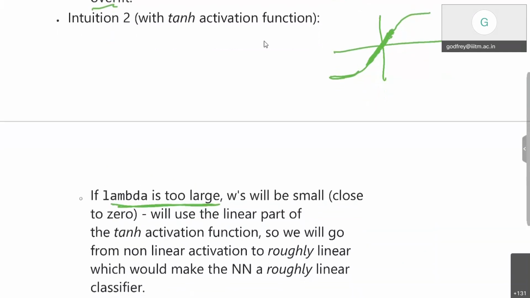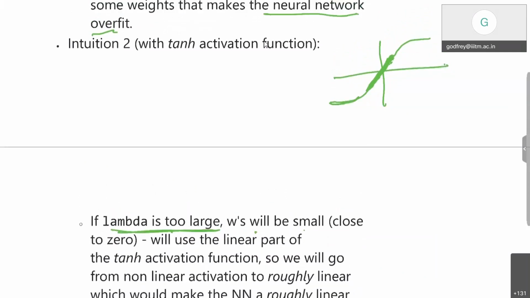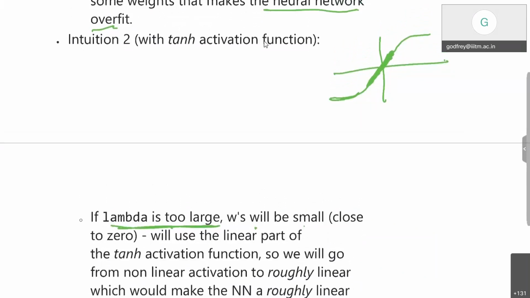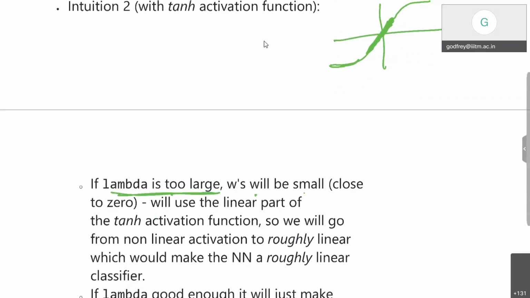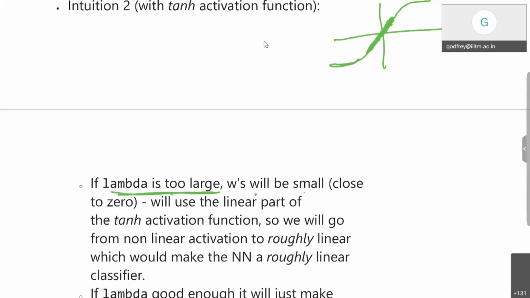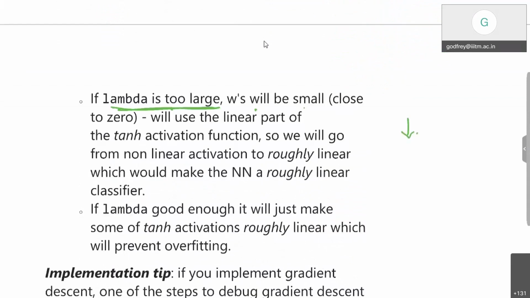So basically, if lambda is too large, then W is small, and they will use the linear part of the tanh activation. So now it will go from the nonlinear activation to linear. So it means that you are once more making your neural network suboptimal.